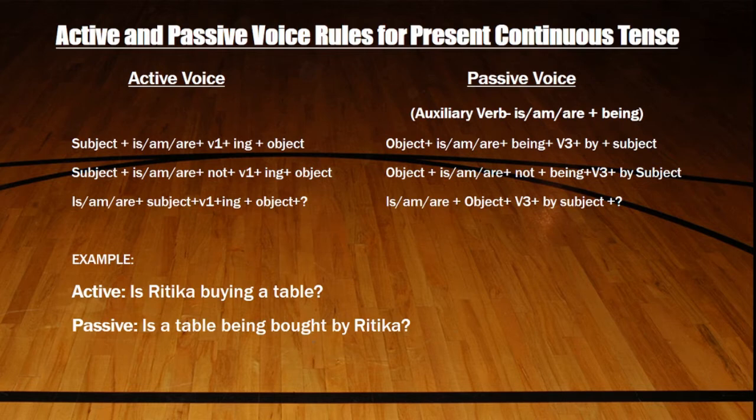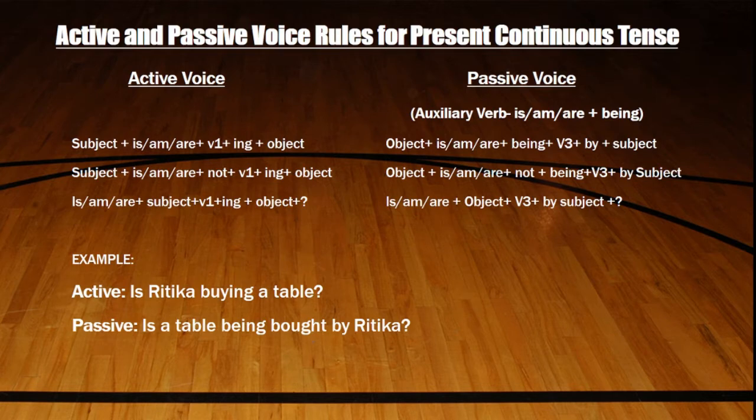Of course, in the case of interrogative, you have the mark of interrogation. And if you're changing it to passive voice, it's like is, am, are plus object with the third form of the verb and by subject, right? By, of course, the subject.